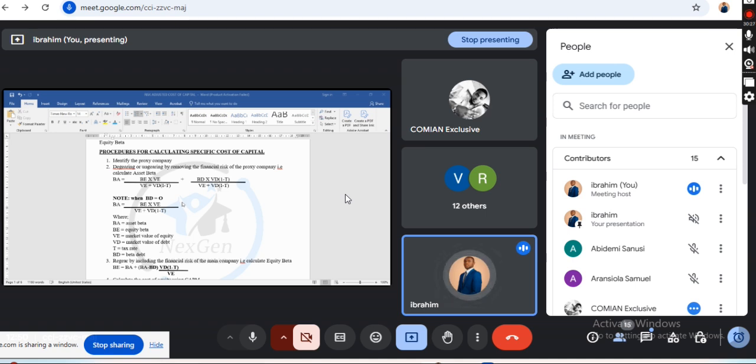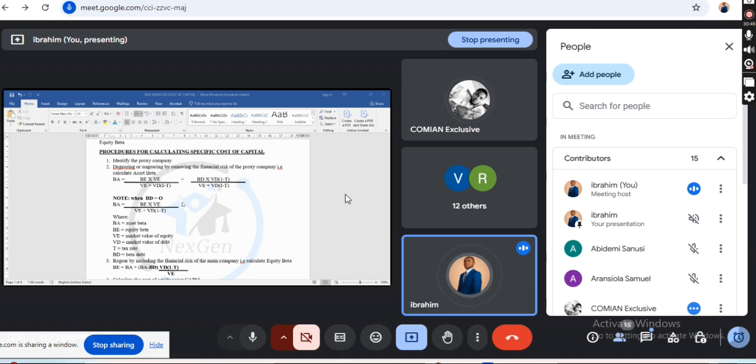So definitely you've already skipped step 2. Then you put your BA minus BD, VD minus. But at times as well, your BE may be given, but most times the question will not come that way. We'll get there.